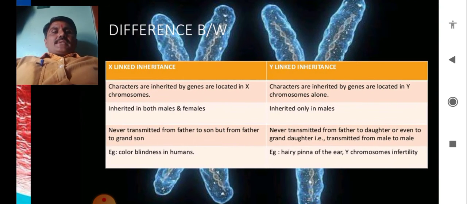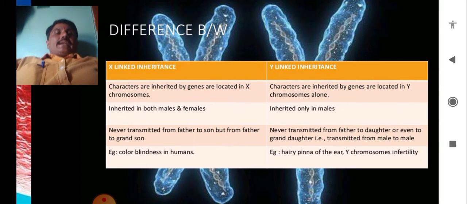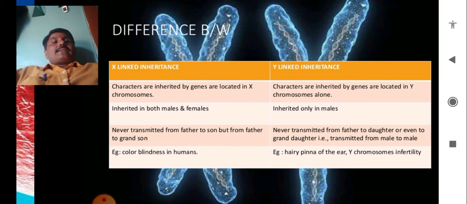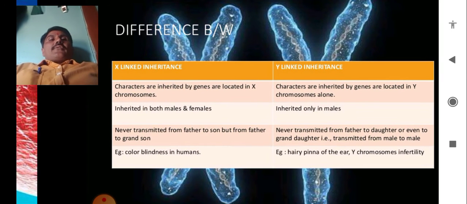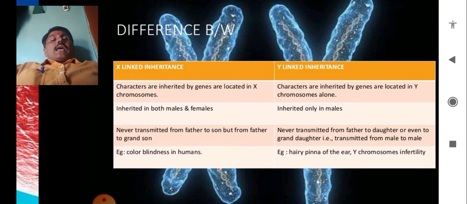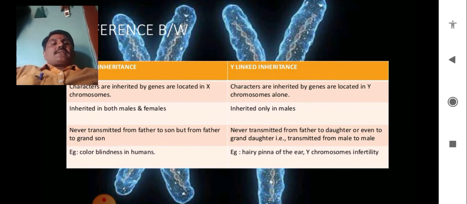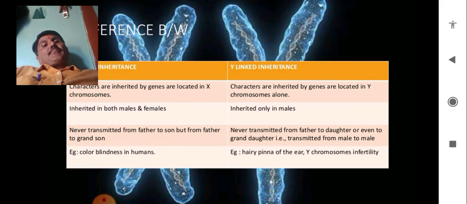So we see the difference between X-linked inheritance and Y-linked inheritance. What is X-linked inheritance? Characters are inherited by genes which are located on the X chromosome, whereas in Y-linked inheritance, characters are inherited by genes located on the Y chromosome alone. X-linked characters are inherited in both males and females, but Y-linked characters are inherited only in males.